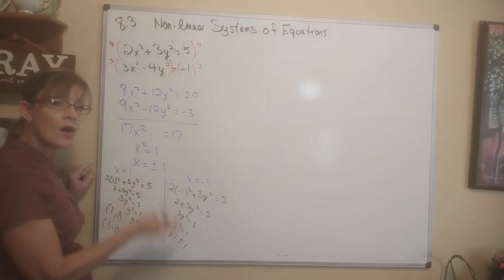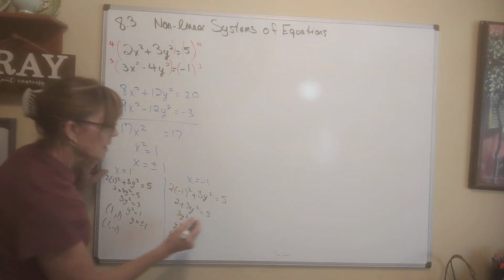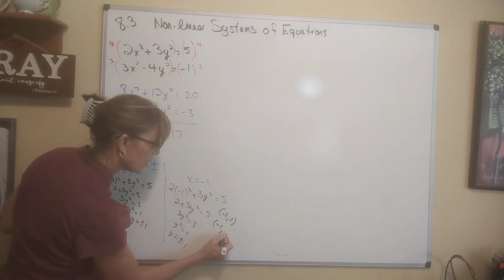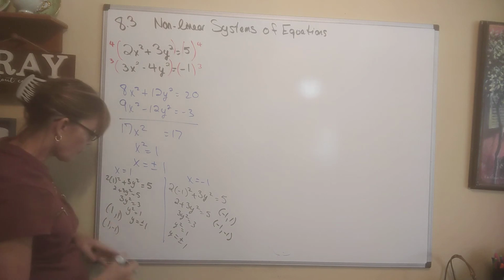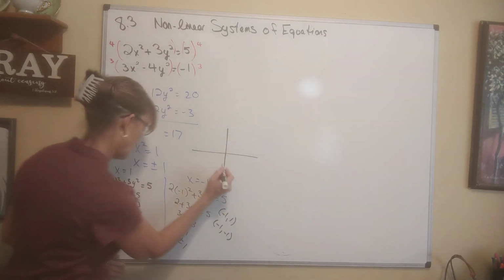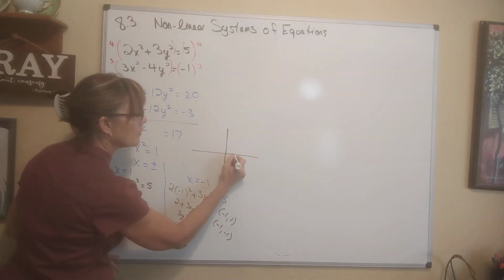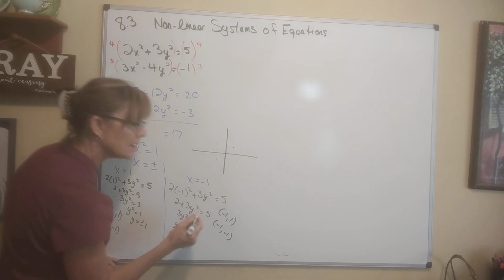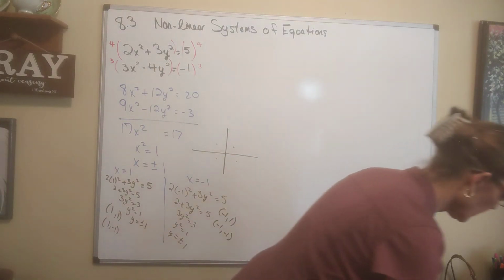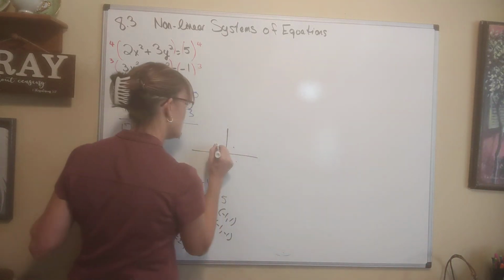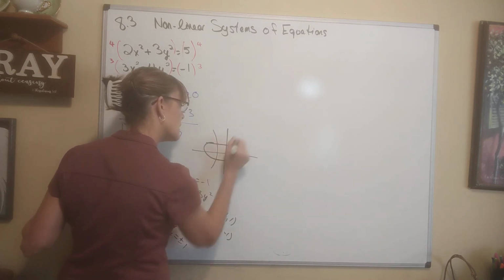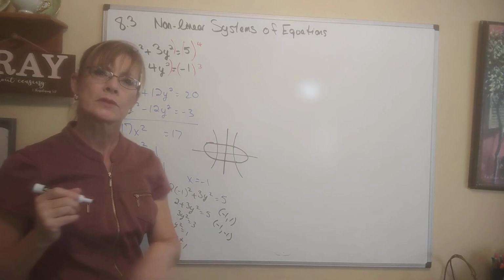And so this also yields 2 answers. This tells us when x is -1, y is 1, and when x is -1, y is -1. There are 4 points. We get a solution at (1, 1), (1, -1), (-1, 1), (-1, -1). And so what is happening here is we have some ellipse that's passing through these points, and we have some hyperbola, and it's hitting 4 times.